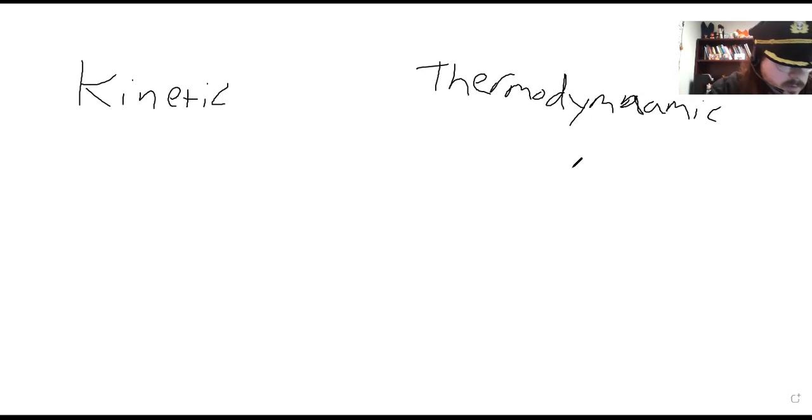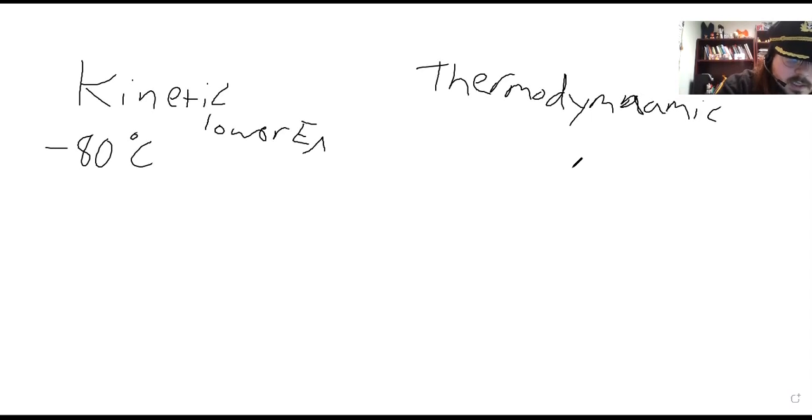It might not form right away, but given enough time, it will form. So for kinetic, you're going to do everything you can to make the fastest one form. You run it at negative 80 degrees C, so only this one, which has the lower activation energy, forms, which is why it's kinetically favored.